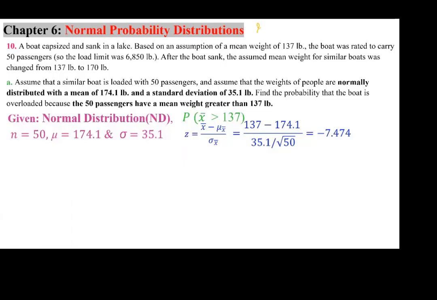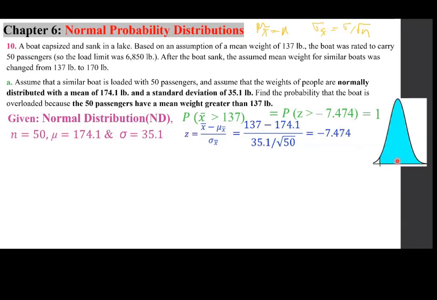So mu of x bar equals mu. Sigma of x bar is sigma over square root of n. With that being the case, probability of z larger than negative 7.474, I hope you realize it's about 100%.